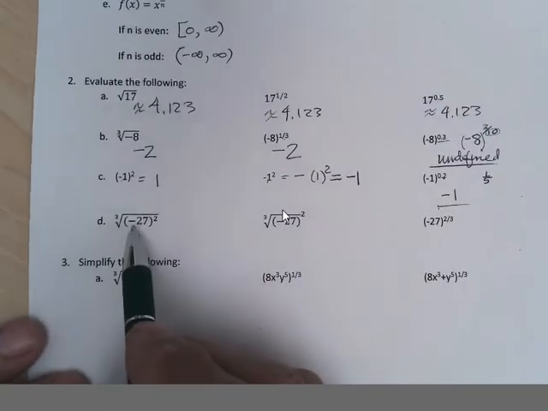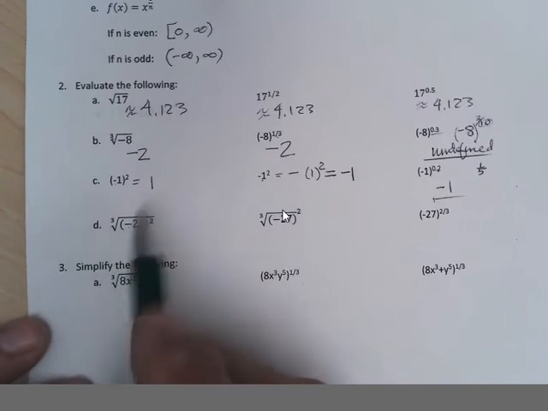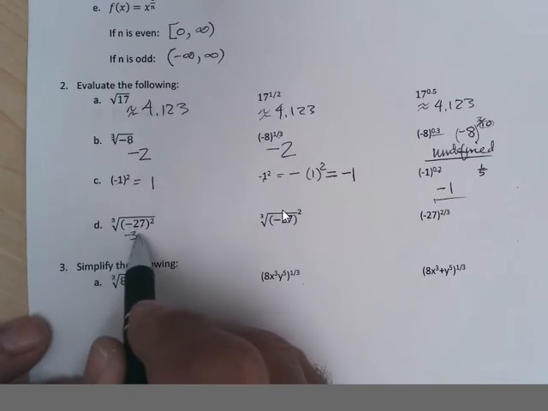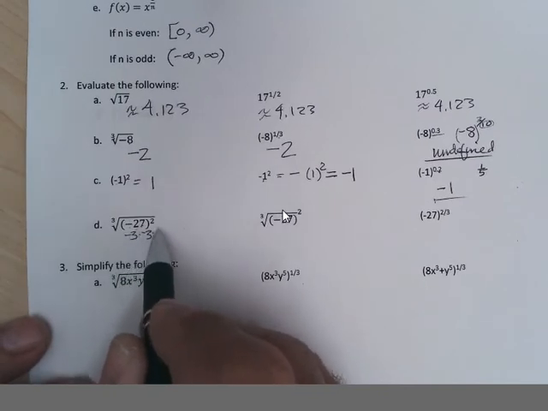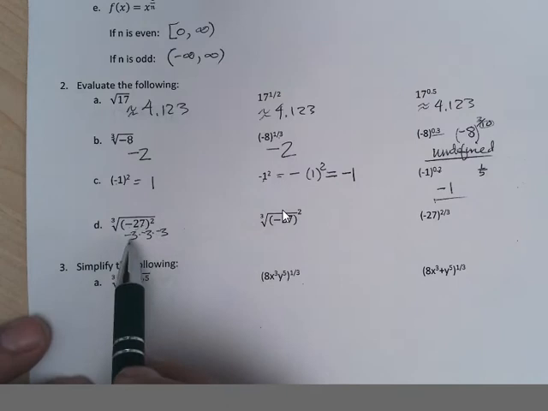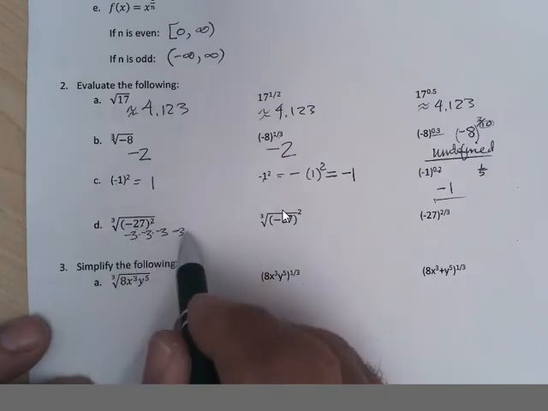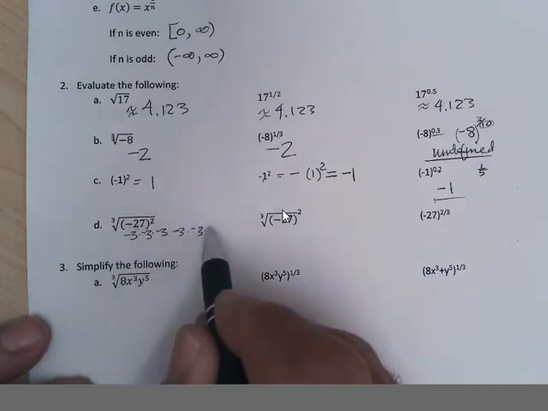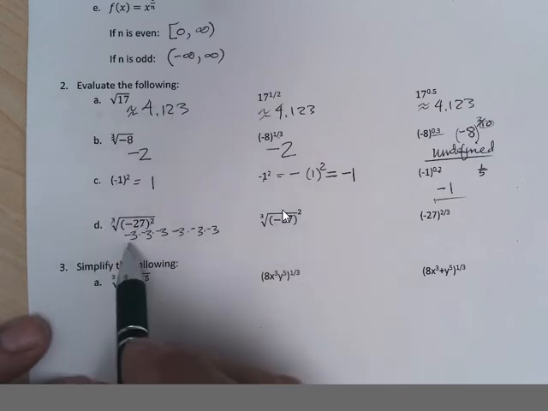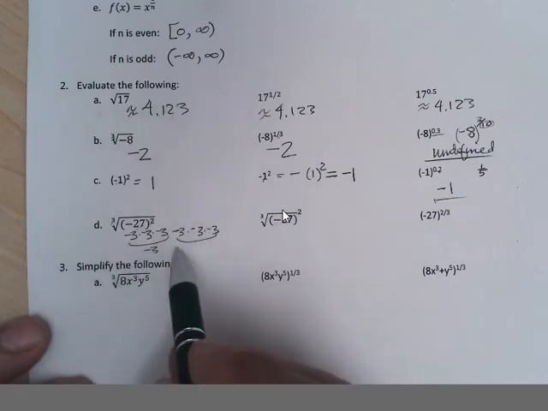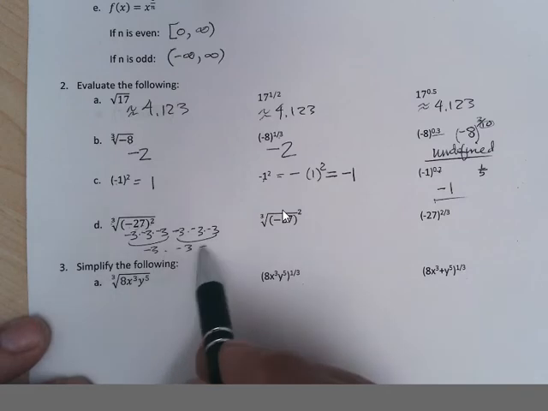Now this one, -27 is -3 times -3 times -3, and if I were to square that, I'm going to have another set of -3 times -3 times -3, and if I'm taking them out in groups of 3, that would be a -3, a -3. If I multiply those, I get 9.